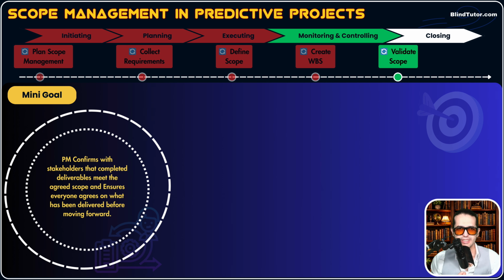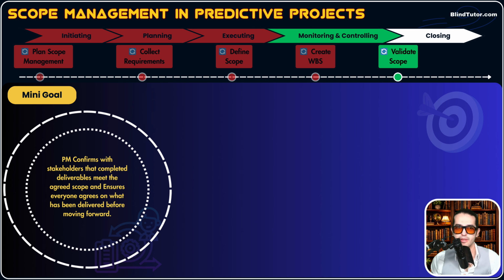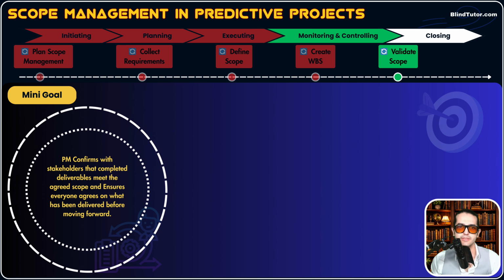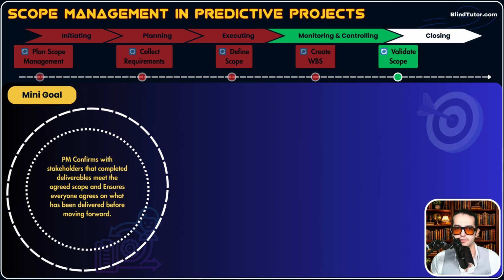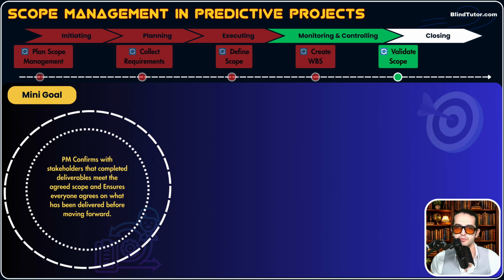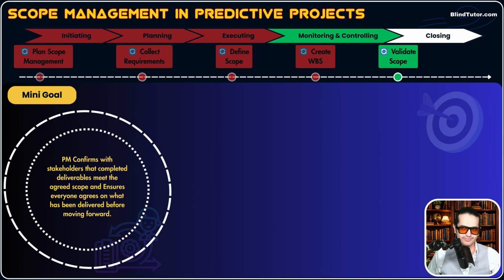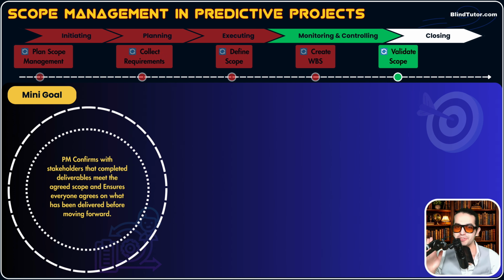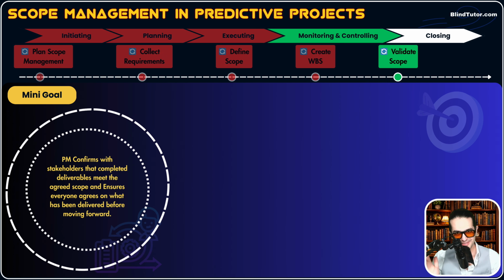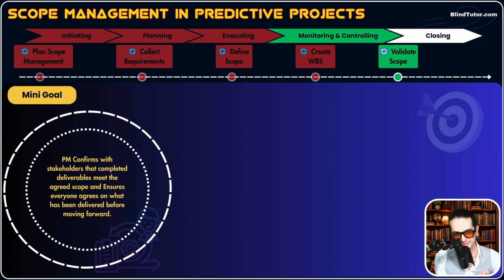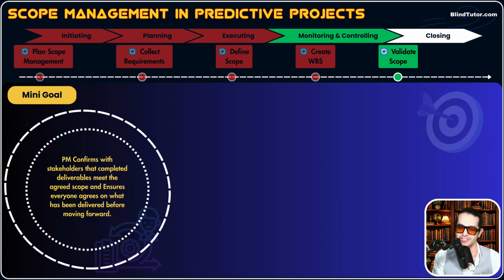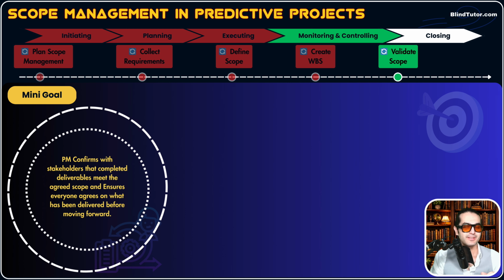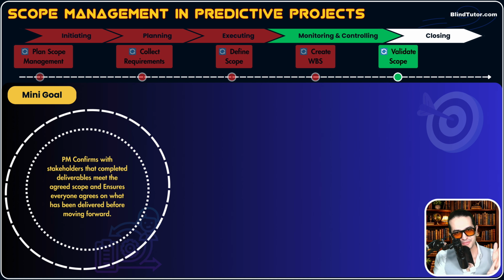The PM, which is you, confirms with stakeholders that completed deliverables meet the agreed scope and ensures everyone agrees on what has been delivered before moving forward. In simple terms, you as a PM show verified deliverables to stakeholders, to your client or the sponsor, and the sponsor checks them against the reference point. What's the reference point? The scope baseline, remember?